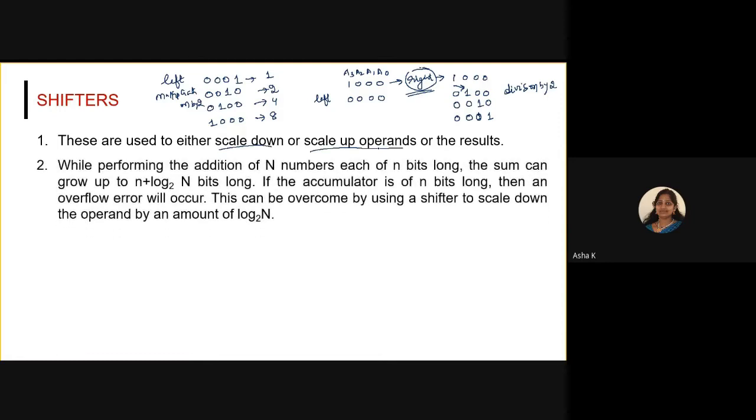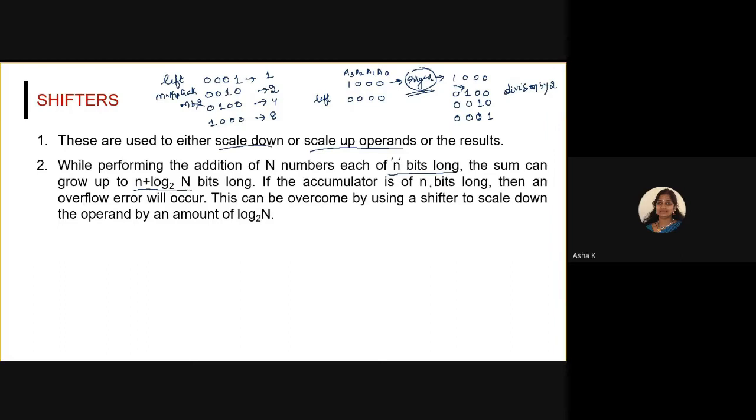So what are these shifters used for? While performing the addition of capital N different numbers, each of small n bits long, the sum can grow up to n plus log capital N base 2 bits long.